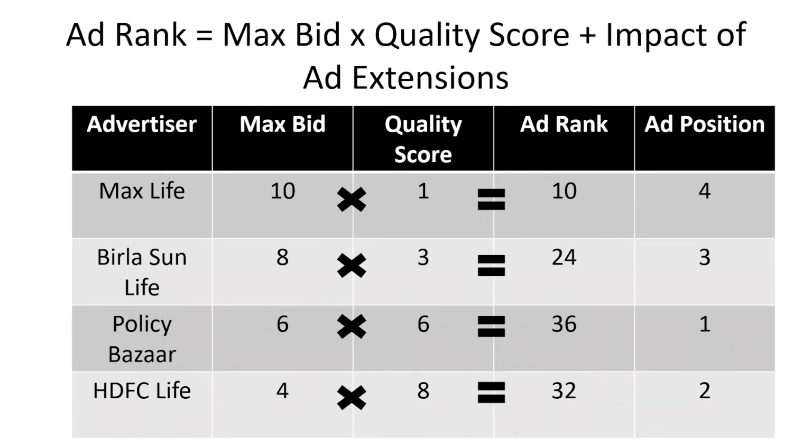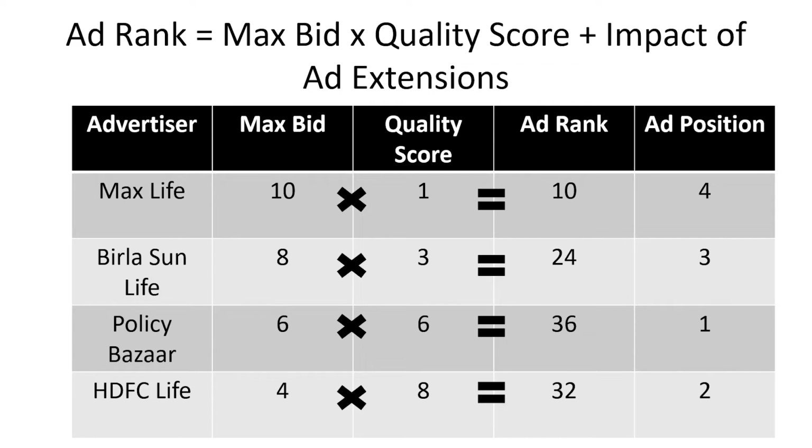So just to simplify what an auction is, or how an auction works, let's say there are 4 advertisers: Max Life, Birla Sun Life Insurance, Policy Bazaar, and HDFC Life, and they compete for ad position, where they show up in search results, right?